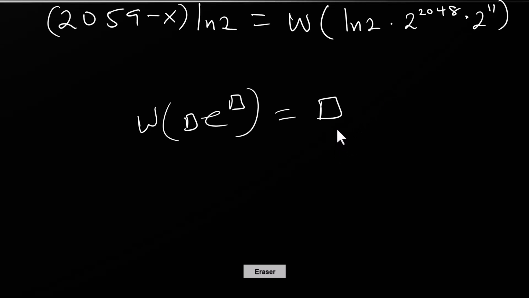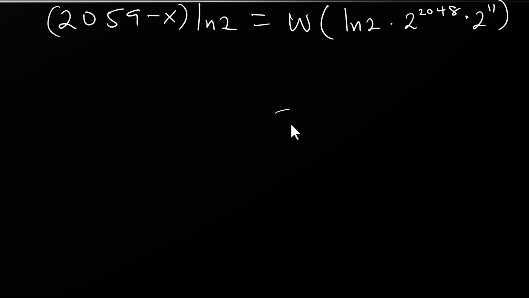As simple as that. Okay, so what we are going to do here is to write this one as W function. Since we are multiplying, we can arrange them like this: 2 to the power 11 ln of 2.